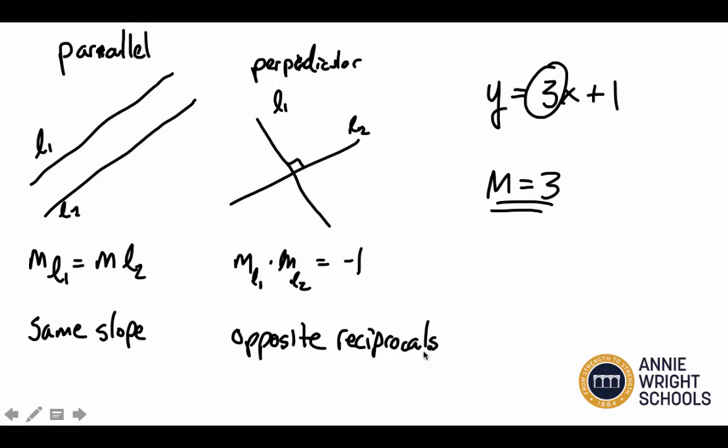If you're not sure what a reciprocal is, reciprocals are A over B and B over A. When we say opposite reciprocals, we mean if one is positive, the other is negative. If one is negative, the other is positive. So if I told you you were looking for a line perpendicular to this one, the slope we would look for is a negative 1/3.